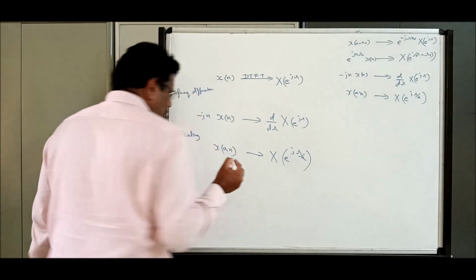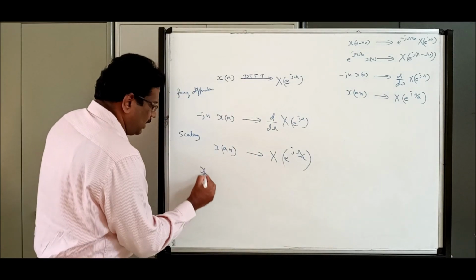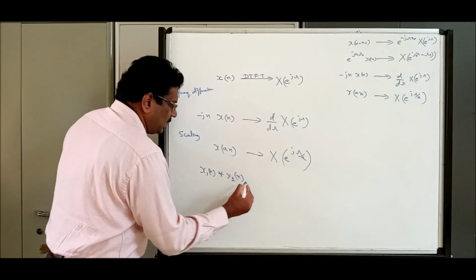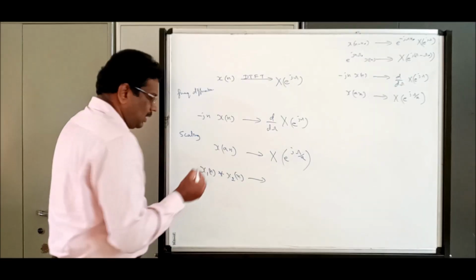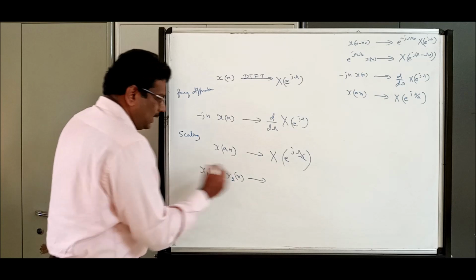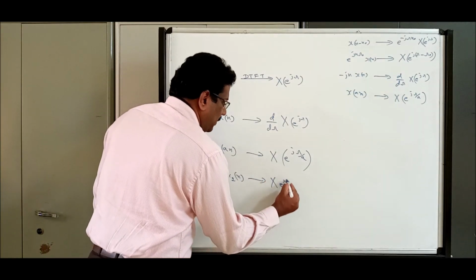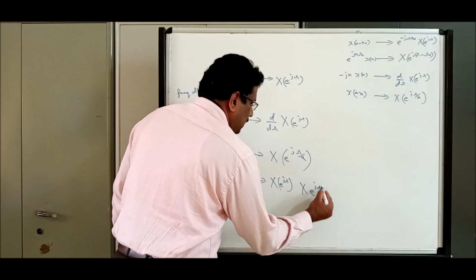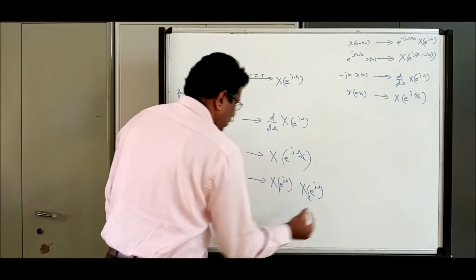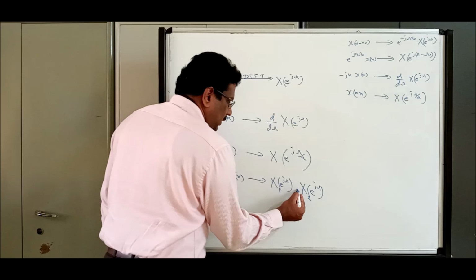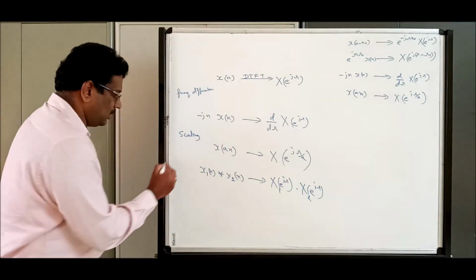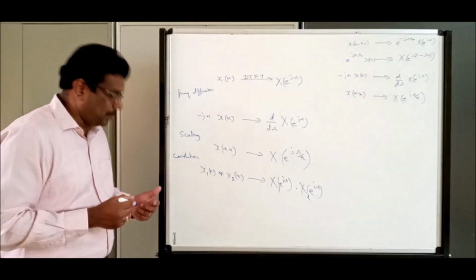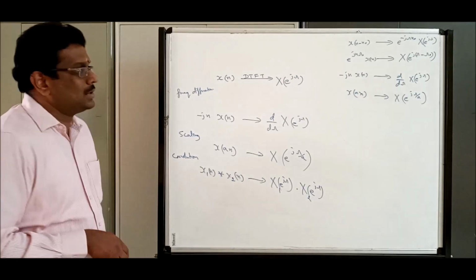And one more, I don't need to mention this, I already told you: x1 of n convolved with x2 of n, that is time domain convolution, its frequency is X1 of e power j omega times X2 of e power j omega. Convolution in time domain, multiplication in frequency domain. Even this is very important when you do some problems. Make a note of it.